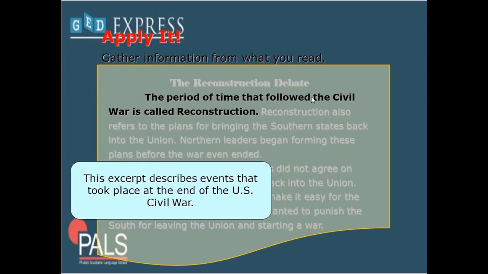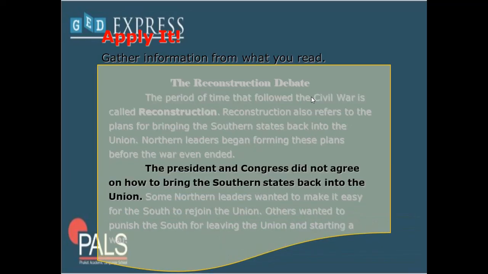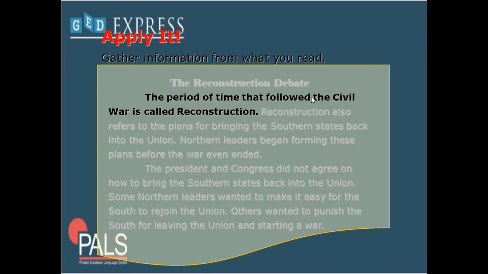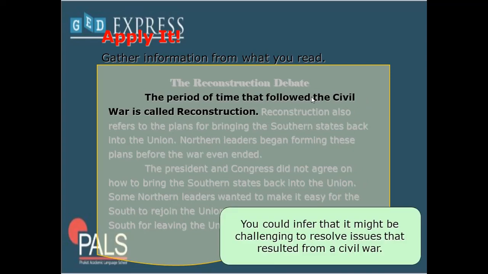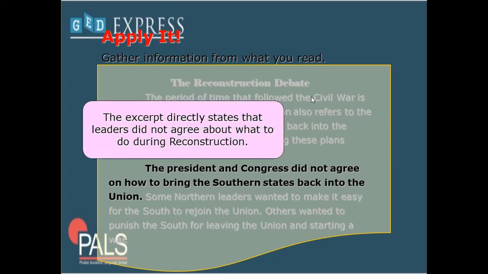So this part, the first sentence, describes the events that took place at the end of the US Civil War. Okay. All right. And this sentence that I'm highlighting right now directly states that leaders did not agree about what to do during the Reconstruction.